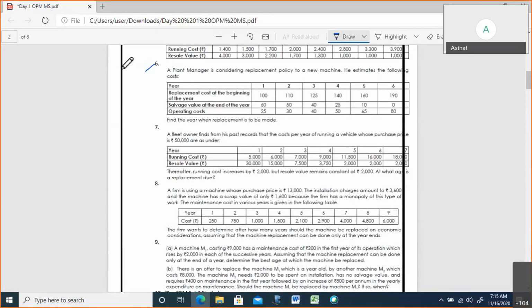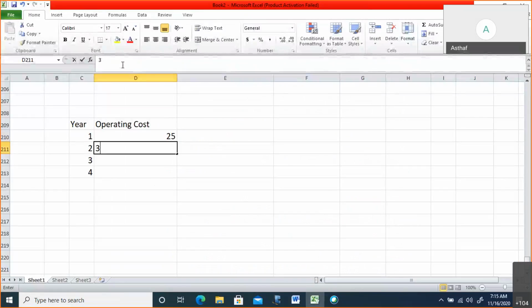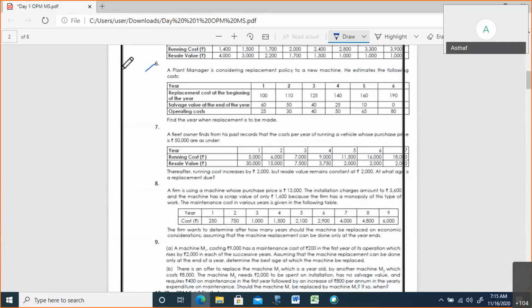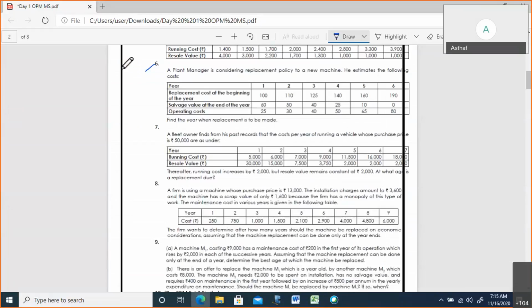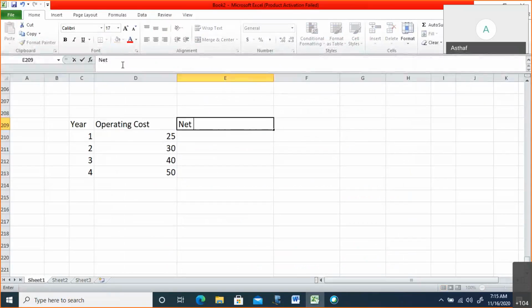So what is the operating cost? 25, 30, 40, then 50. So here the net capital cost computation is a little different.